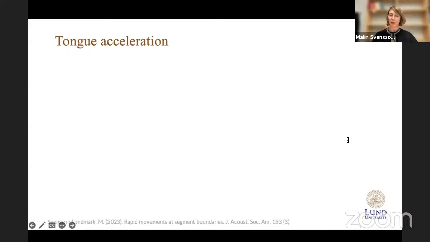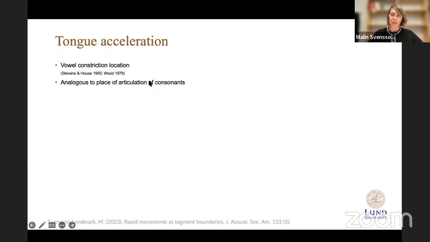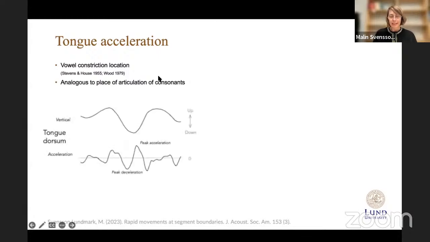We usually talk about vowel space for vowels, but the tongue, as we know, is also making a constriction in the vowel space. This follows previous work on vowel constriction location, which is similar to constriction location for consonants as well. So here is an image to explain what I mean. This is, again, a sensor moving in time, vertical position up and down. It's a sensor in the back of the tongue.